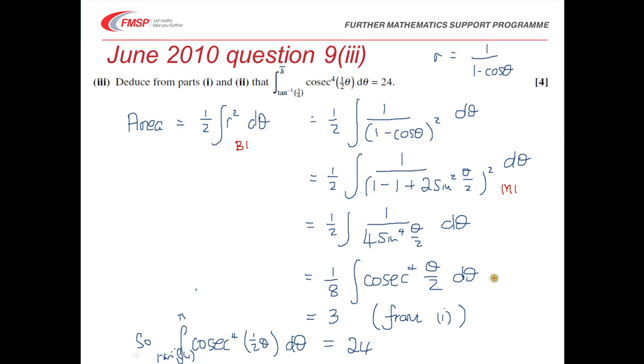A method mark for establishing that the area of that sector is 1/8 of the integral of cosec to the power of 4 theta over 2. And then seeing that in actual fact we didn't want the 1/8 there, so we'll just multiply the area by 8 to get the 24. So there was an accuracy mark just for that last little bit.